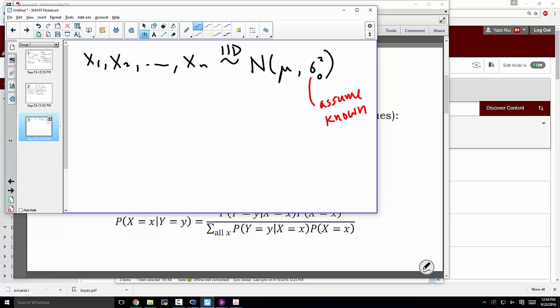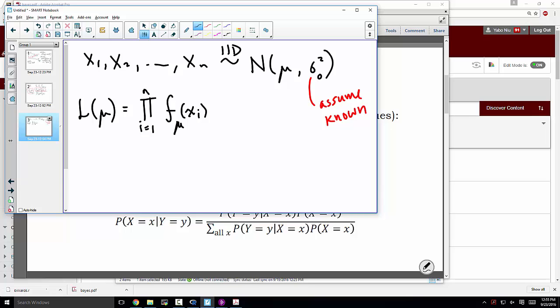This thing called a likelihood that we've been seeing, in this case we would write it as a function of mu, is the product of the normal PDF evaluated at each of the xi.